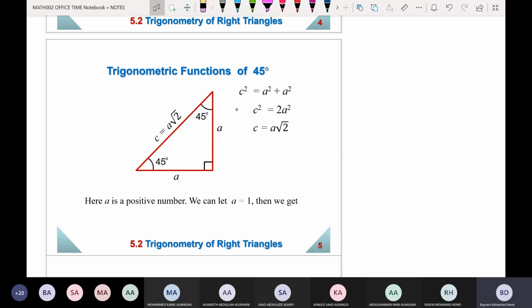So since the sum is 90 degree, each of them will be 45 and 45. That is a property that we borrow from geometry.